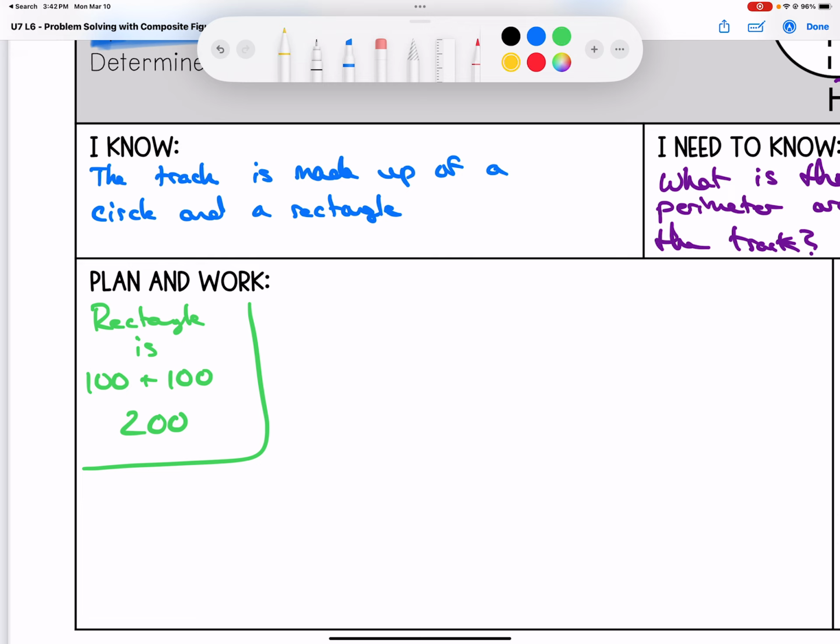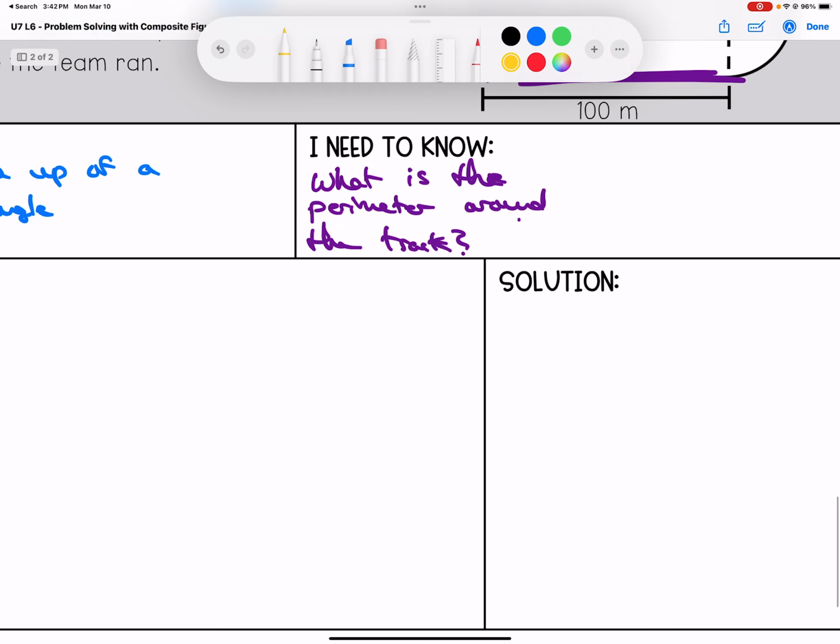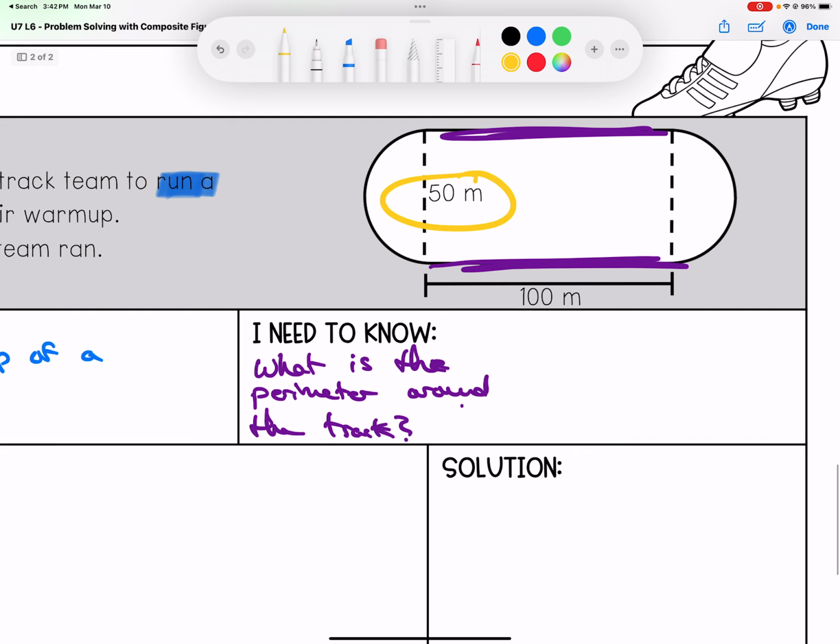The circle, to find the perimeter of a circle, which is also called the circumference, perimeter of circle is circumference, remember? And to find that, it was C equals pi times D. Well, did they give us the diameter? Yes, they did. Okay?